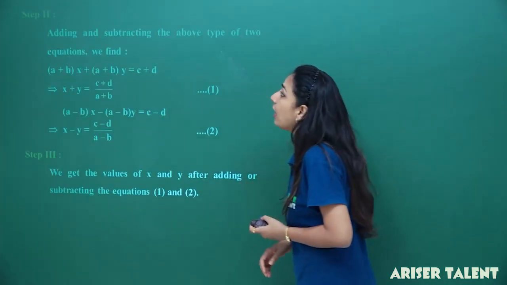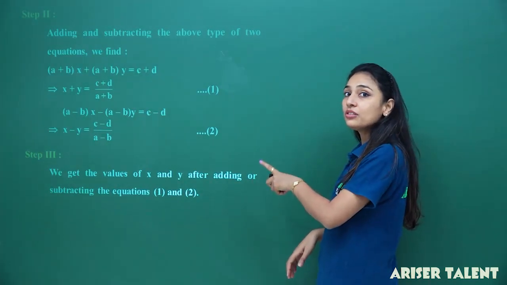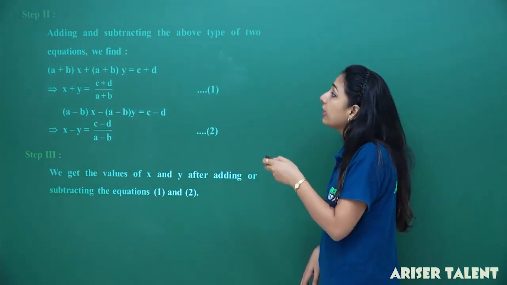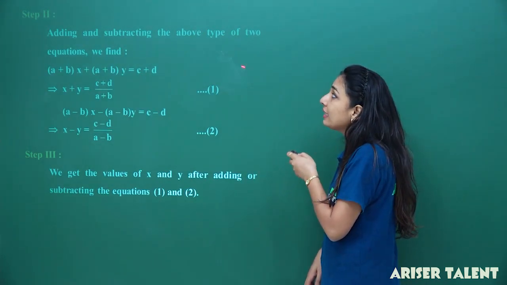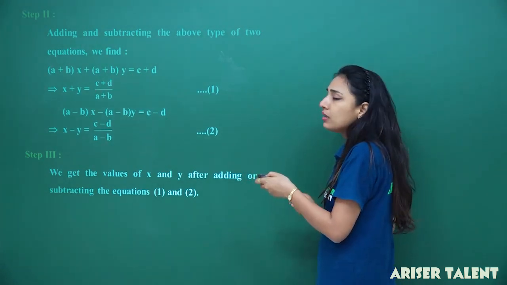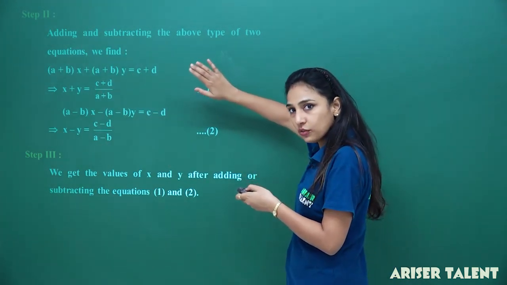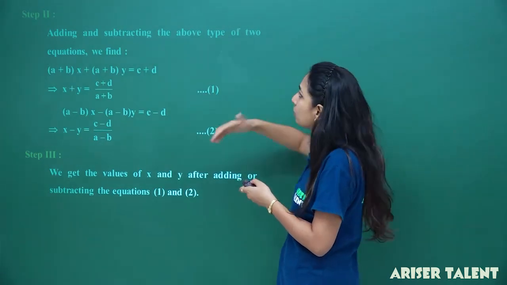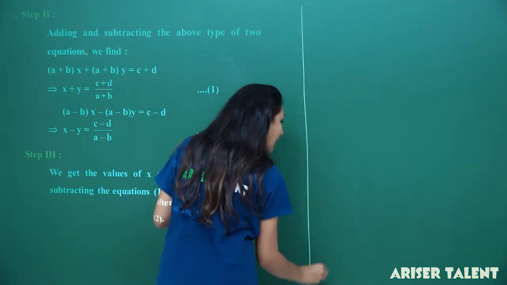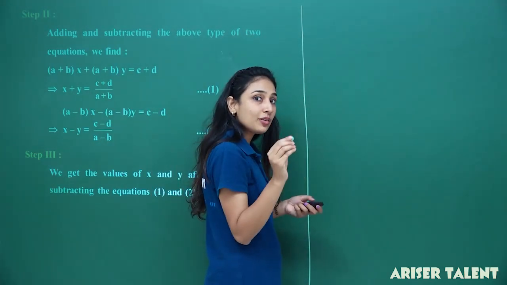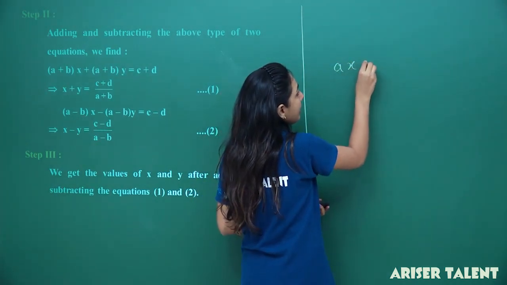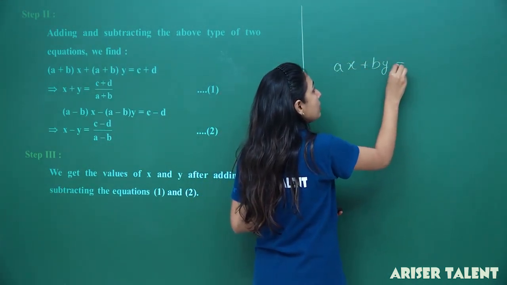Okay. Now, step 2. This is an important step, students. Adding and subtracting the above type of two equations, we will be finding this a plus b. Just take care of this only. We can understand it simultaneously here. Our first equation was ax plus by equals c.